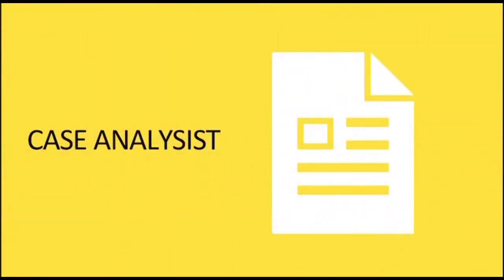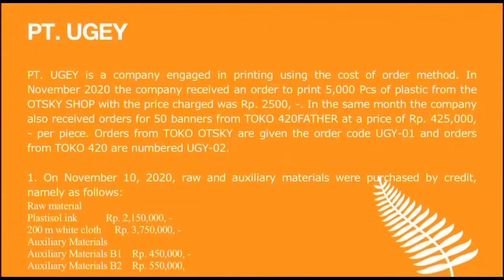And next is the cost analysis. I would like to take the example of PT UG, a company in printing that uses the job order cost method. In November 2020, the company received an order to print 5,000 pieces of plastic from the Oski shop, with a price of 2,500 rupiah.